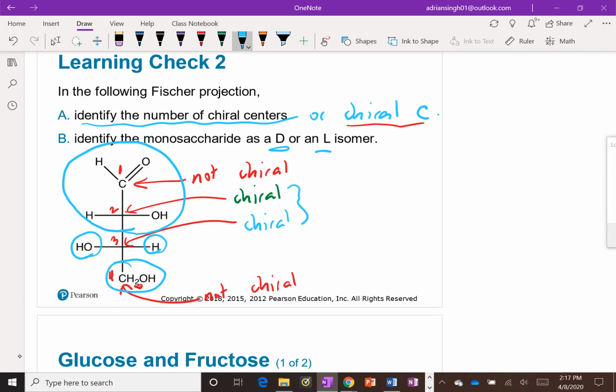So we have a total of 2 chiral carbons in this molecule. And to determine whether it's a D or the L isomer, okay, we look at the chiral carbon furthest away from the top, which in this case is carbon number 3. The OH is to the left side, so that would make it then the L isomer.